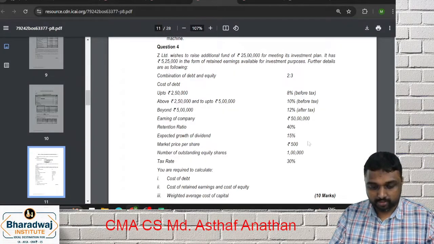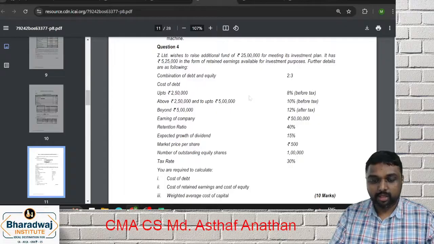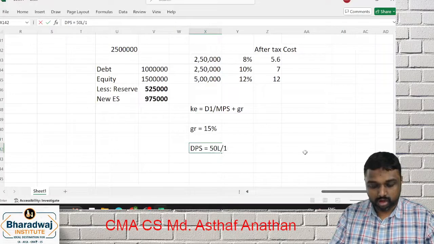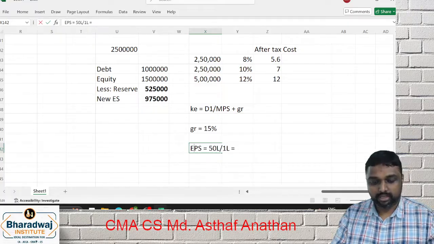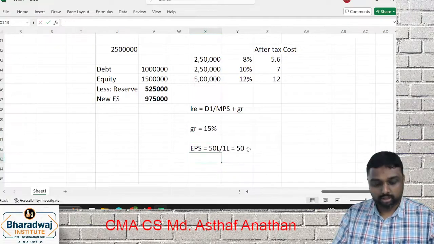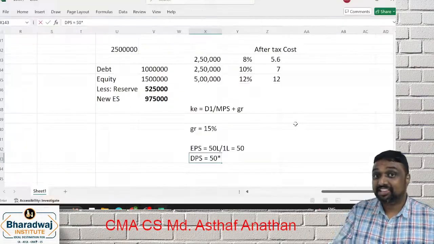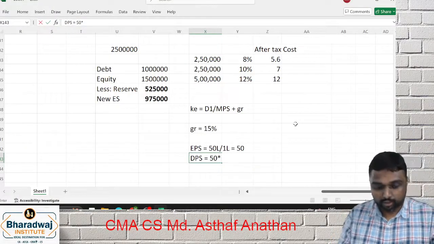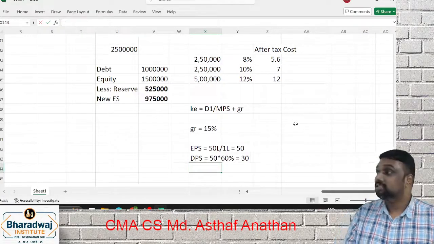What's the dividend? Very good question. Earnings of the company is 50 lakh. How many shares? 1 lakh shares. So EPS is 50. Correct. So you have to get your DPS as 50 into the retention ratio of 40, so your payout is 60%. It will be 30.